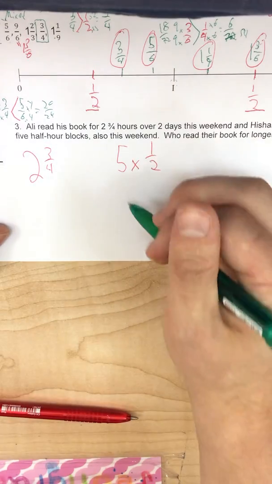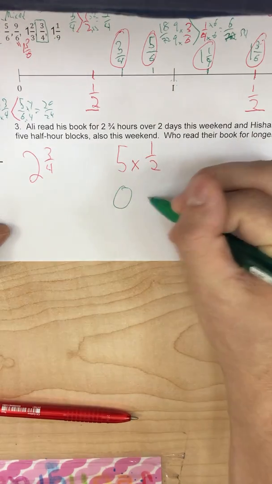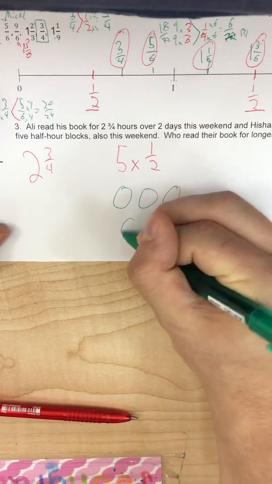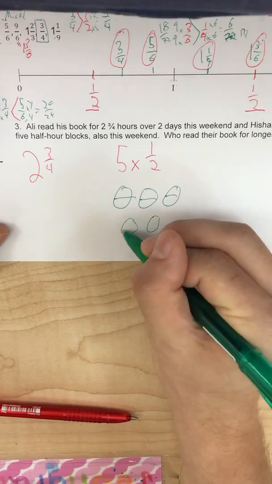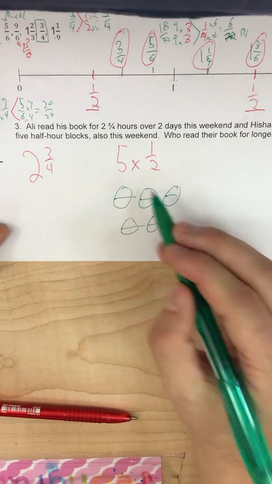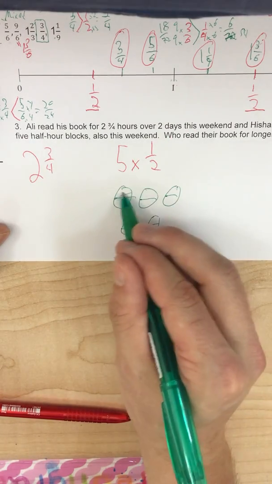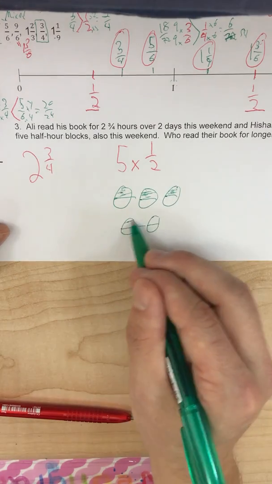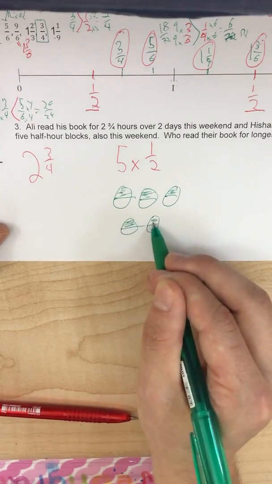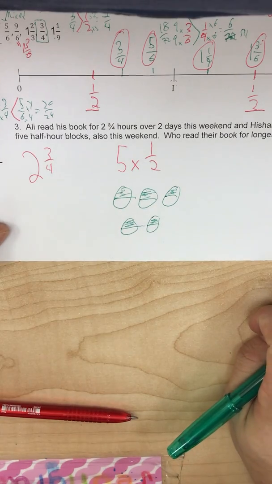So what they did is they drew it out. So they drew 5 hour blocks, right? And they shaded in what they did. So they did 5 hours, but they did a half an hour. 1, 2, 3, 4, 5, right?